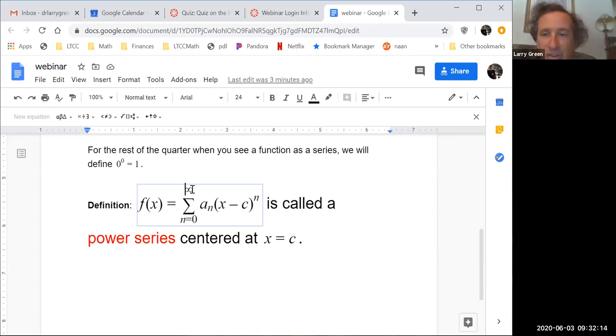Let a computer do it, and then you've got it. So even if you started with a really miserable function, a computer can handle it, even if we can't. And that's the whole purpose of these power series.